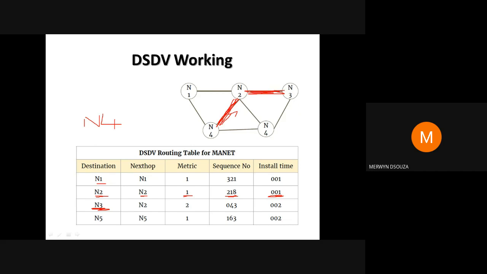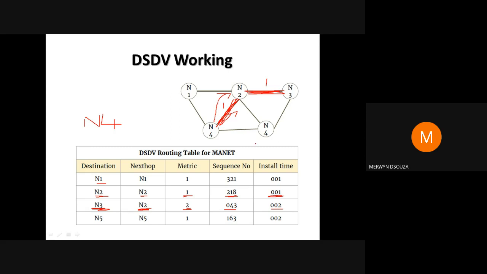In the shortest path, the next node to which the packet should be forwarded so that it reaches N3 from N4 is N2. Assuming each link has a distance of 1, 1 plus 1 equals 2. So you make that entry, there's some sequence number associated with it, and the entry was made at time 002.